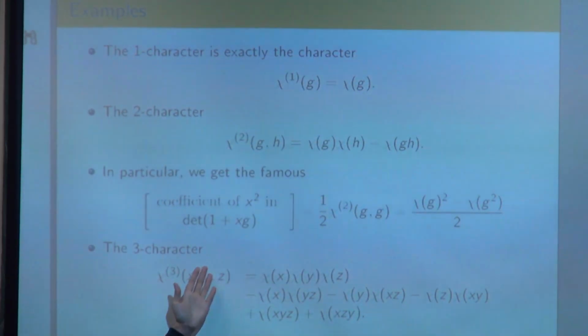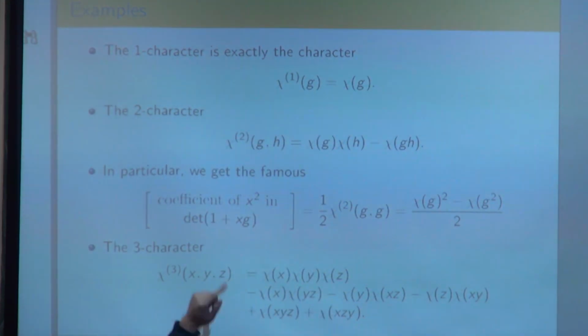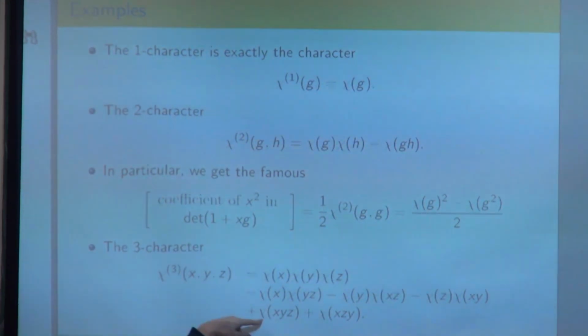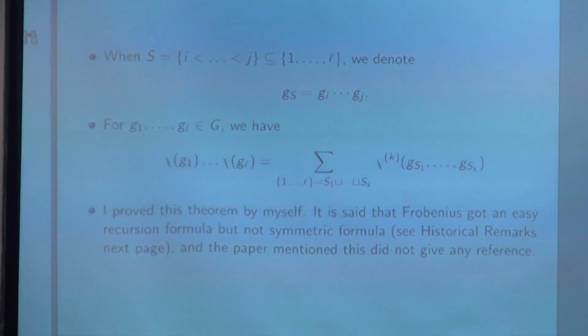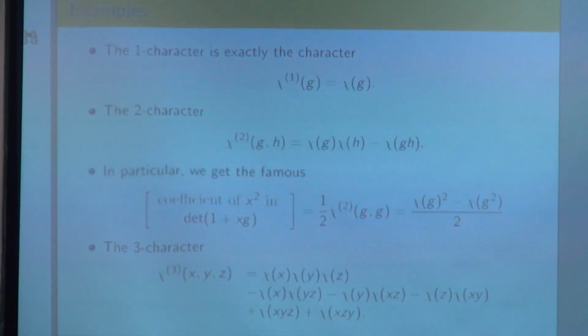Maybe for freshmen, maybe some of them know this, but generally maybe no one knows this for freshmen. So in some sense, what I proved is a generalization of such a formula. Actually, the main theorem, I think, is this one, which is my work. Okay, that's all. Thank you.